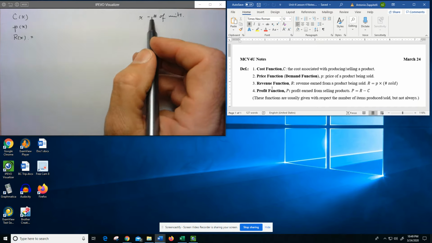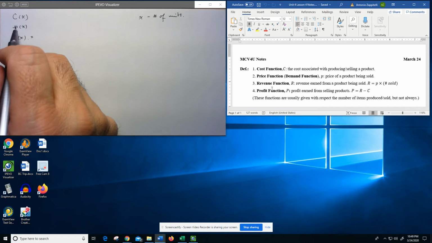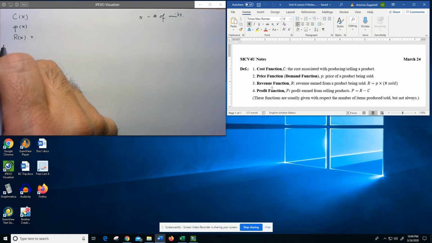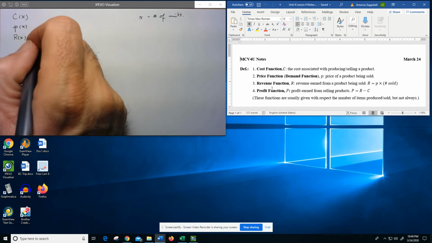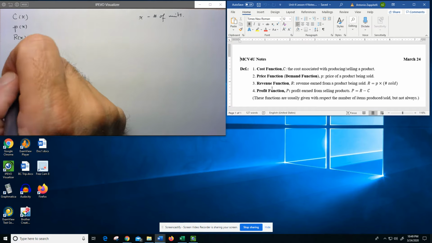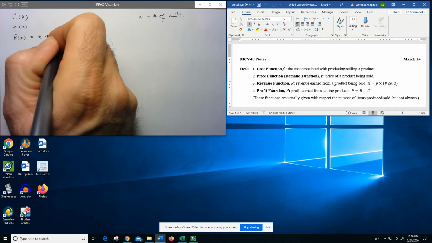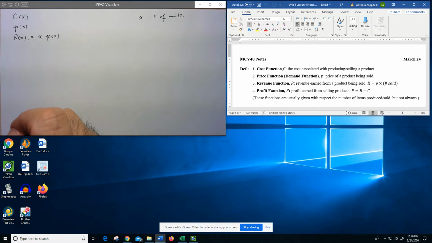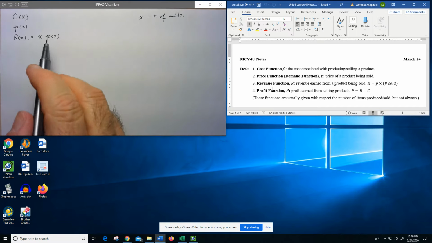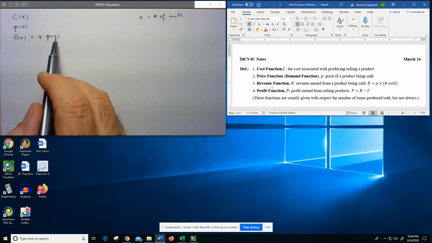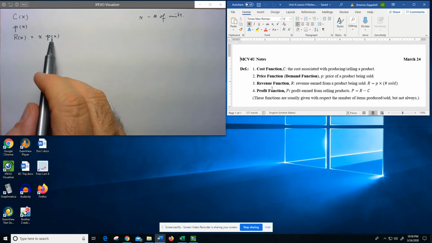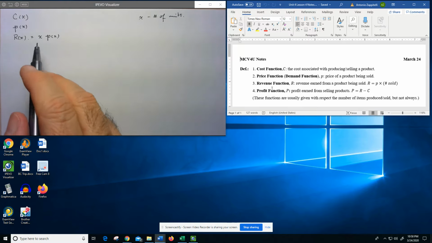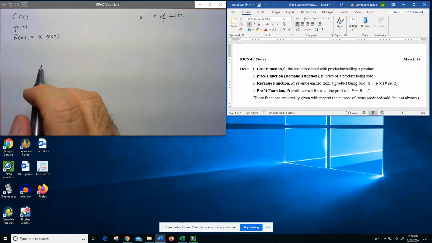So if you're selling X units and each unit costs P dollars, then the revenue function is just given as X times lowercase p of X. Now, obviously, if this price is constant, meaning the price does not depend on the number of units being sold, then this would just end up being a linear function. But we can't assume that it'll necessarily be a linear function, like we can't assume that the cost would be.